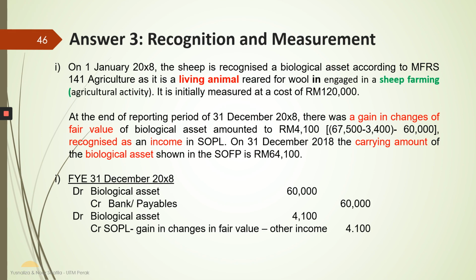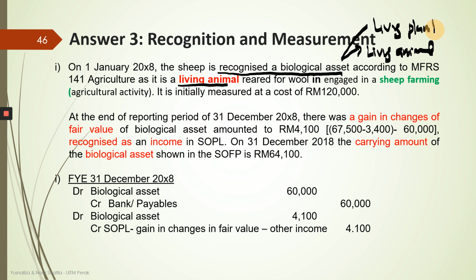Right, the first part is to explain. When you are to explain, you need to mention that it is to be recognized as a biological asset and give the reason why. That is because it is a living animal. Remember, a biological asset can only be a living animal or living plants that are managed by the company under an agricultural activity.